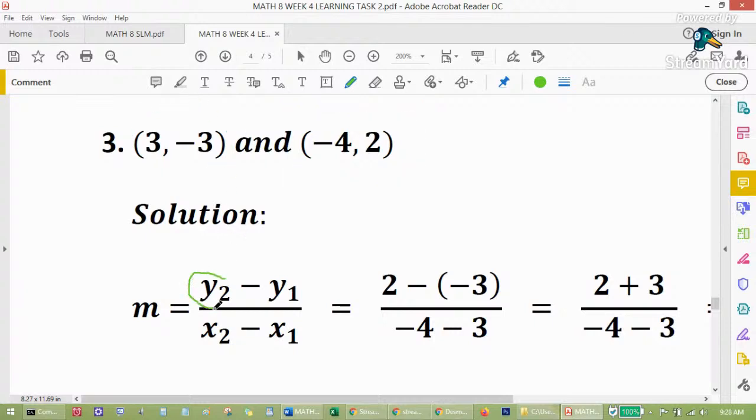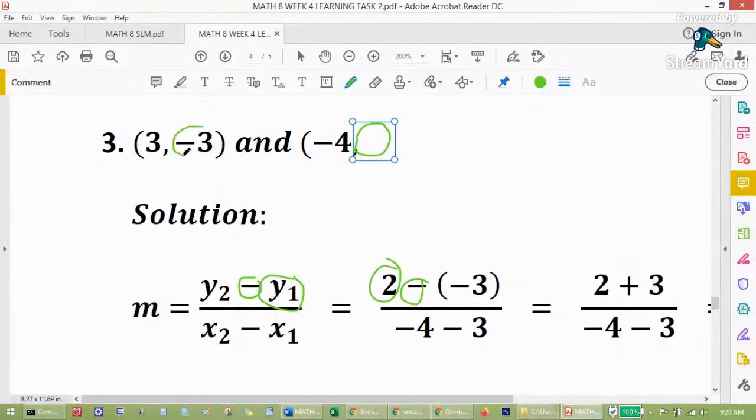So, the second x minus the first x, divided by the second y minus the first y. So, this is the second y, 2, minus the first y.